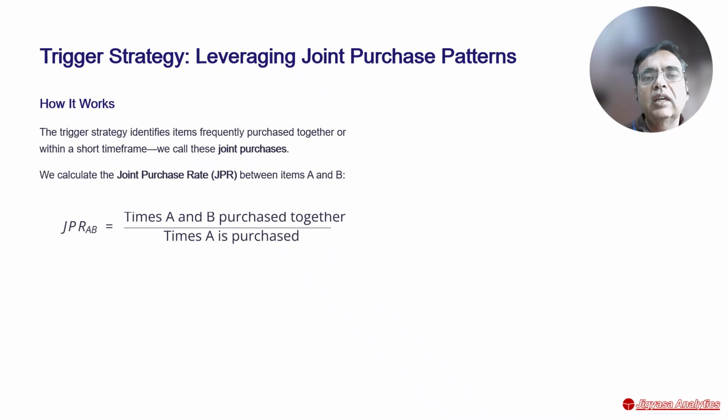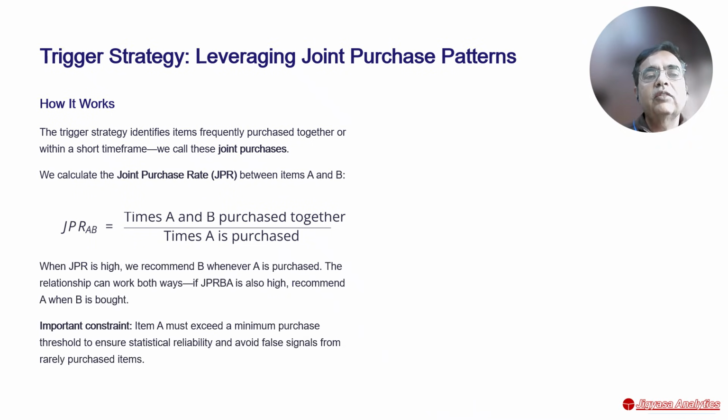So say if the two products are A and B, joint purchase rate AB is basically the number of times A's purchase is in the denominator, and the number of times A and B are purchased together is in the numerator. So if this joint purchase rate is high, then we would recommend product B whenever product A is purchased.